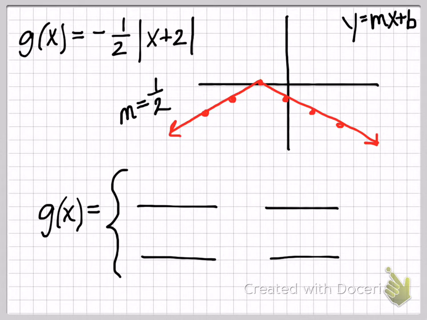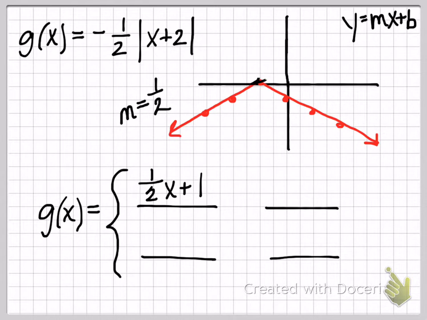And this one's pretty clean because if you can imagine this line continuing, we would go up 1 and right 2. If the line did continue, you'd see that the y-intercept would be here at positive 1. So the equation for this line is y equals 1/2 x plus 1. That's the left-hand piece.